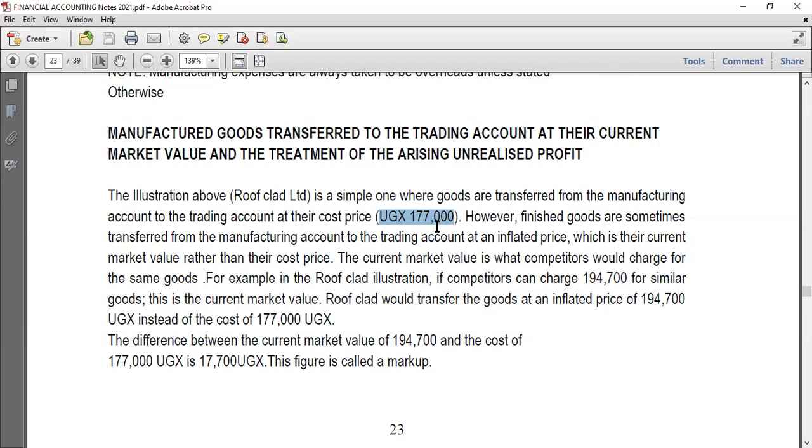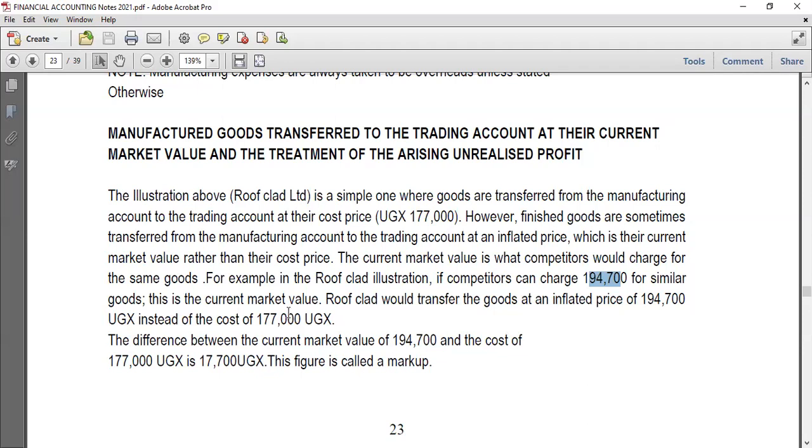But to get similar goods from a competitor, if we were not producing them internally, the competitor would charge us 194,700 for similar goods. If that is the case, it means we're actually making a profit by producing internally.